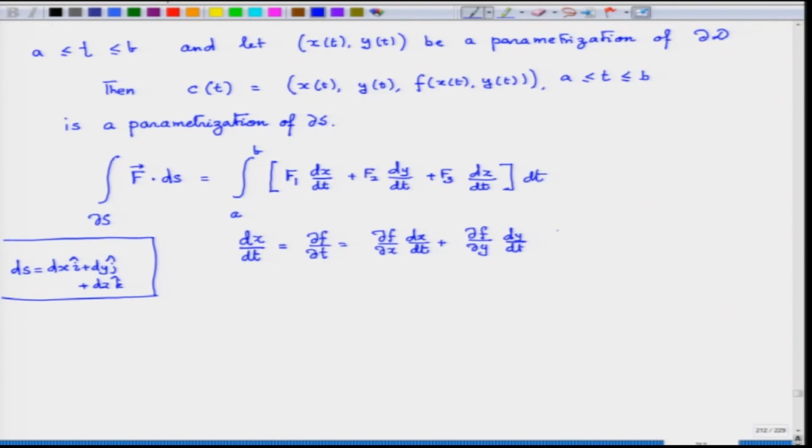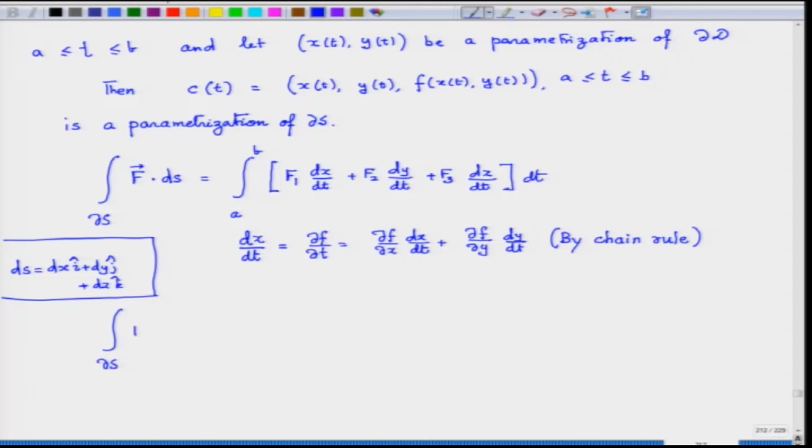This is by the chain rule. Now, once you know this, you put it here, put dz dt here, and then the integral of ds.